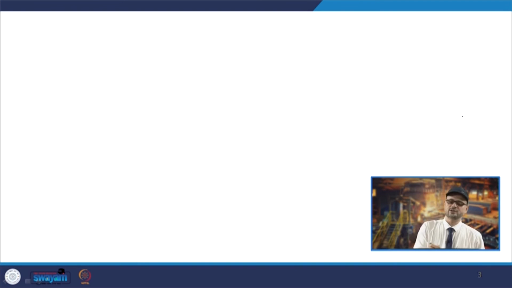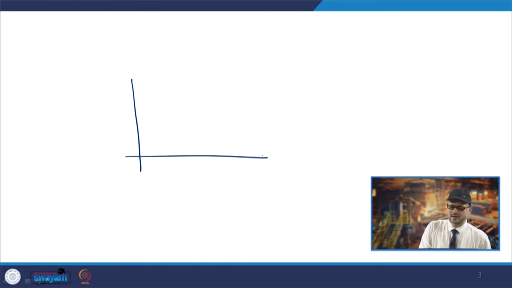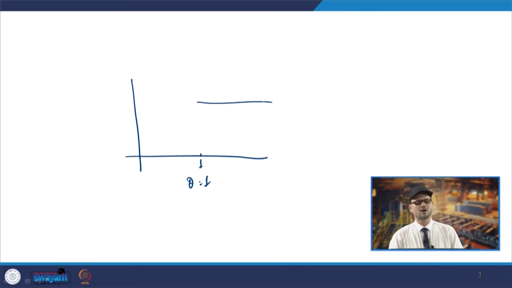So, in the idealized plug flow you will have simply at this point theta equal to 1, and here you will have the increase. In the well mixed flow, it is simply increasing from here. As soon as the tracer has entered, it has started mixing with the flow. So, it is idealized mixing, and that is why the pattern is like this.